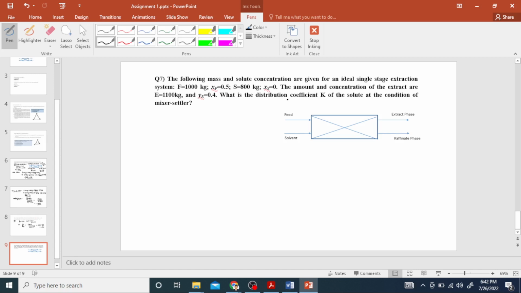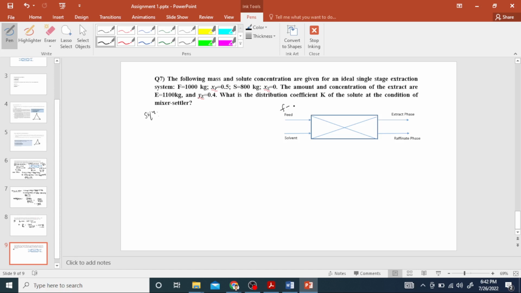It is a solution. First we write down the given: F is equal to 1000 kg, X is equal to 0.5, solvent is equal to 800, and mole fraction 0.